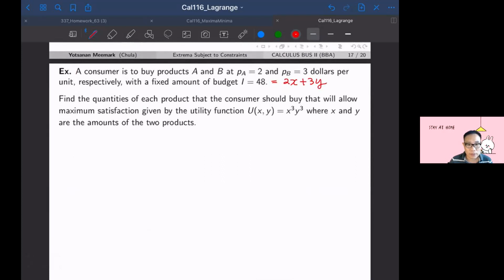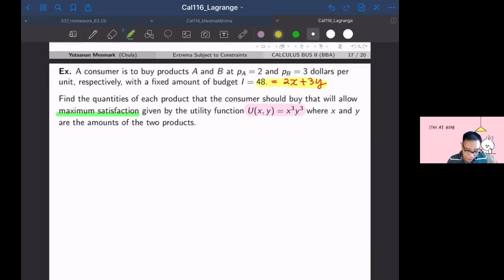And the satisfaction function turned out to be U(x,y) equal to x cubed y cubed. And you'd like to maximize the satisfaction.